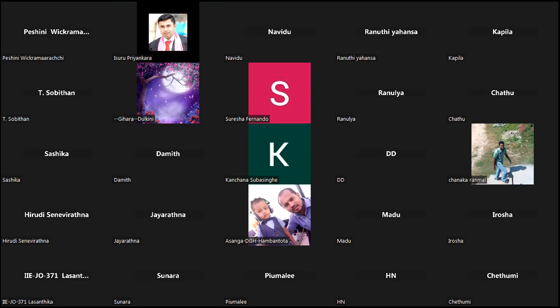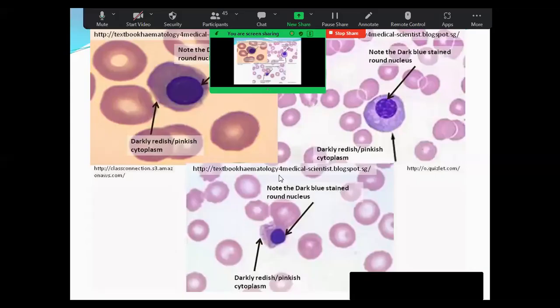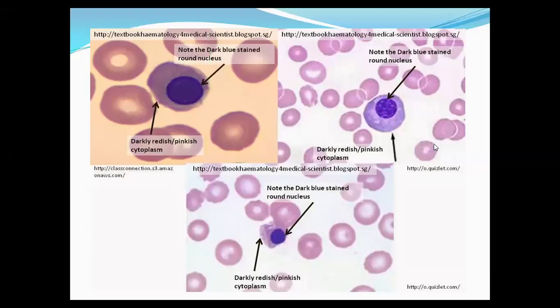Right. Then these are the NRBC. And another thing, when you observe a blood smear from a patient suffering with CML, chronic myelogenous leukemia, you can see more NRBC in the blood smear.